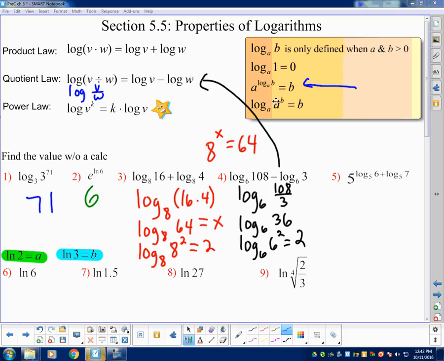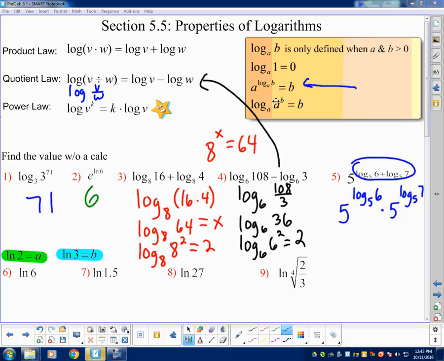So if I were to work backwards, I have 5 to the log base 5 of 6 times 5 to the log base 5 of 7. Let me explain that here. This whole thing, which I wasn't seeing for some reason, is the exponent on the 5.